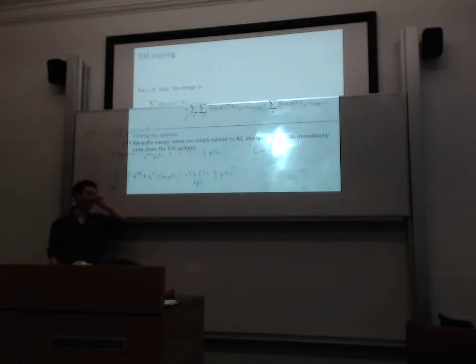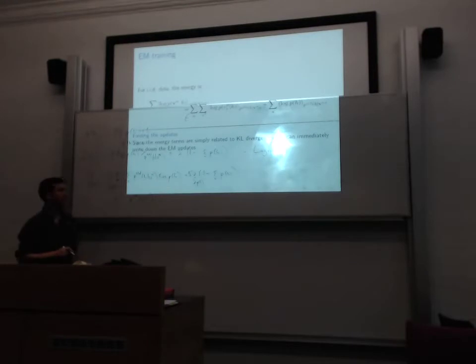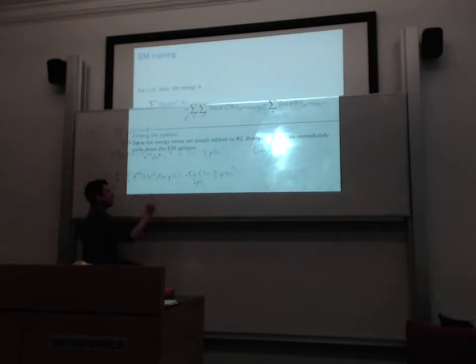I see at least a few nodding heads. So just to say, we take the sum outside, we just need the h, the one here. The derivative of this with respect to p of h, well, that's a constant. That's not a function of p of h. So we get p old of h given x_n, times the derivative of this with respect to p of h. Well, the derivative of that is 1 over p of h.